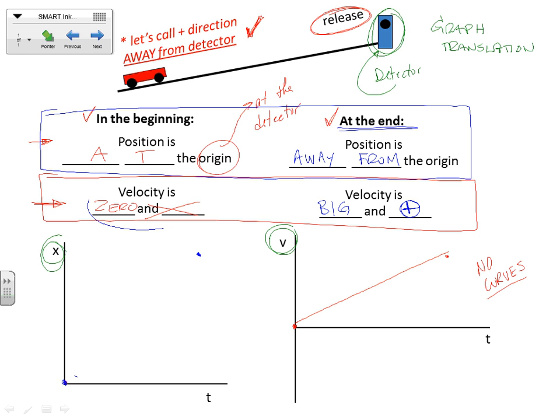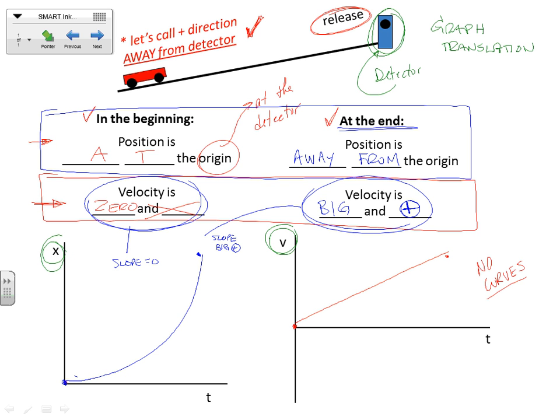In the beginning, velocity is 0. How do we show that over here? That means the slope is 0. In the end, velocity is big and positive. That means the slope is big and positive. So it looks like this: slope starts at 0, slope gets big and positive. What do you think about that?